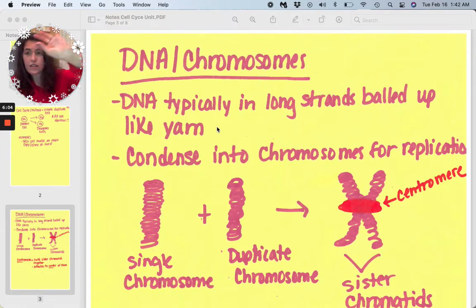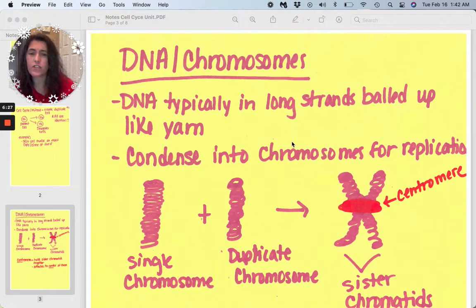So you've got these long stringy strands like yarn, and it's all in a big old ball here. And then when they are ready to divide and to replicate for mitosis, they get condensed down into chromosomes so that you can have them replicating and then distributing really easily during mitosis.